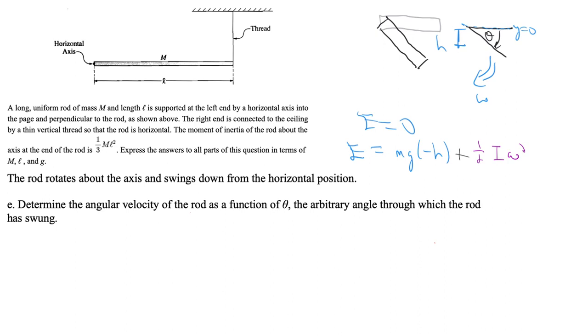We don't have to include what might appeal to you, which is sort of a 1/2 mv squared, because that is already included in this term. So there's a gravitational energy, we have to worry about the center of mass, but for the rotational energy, we've already included the center of mass's motion in that by computing I. We have most of these variables already, either as givens or things we found, but we don't have this h, so I've got to get that in terms of what we do have.